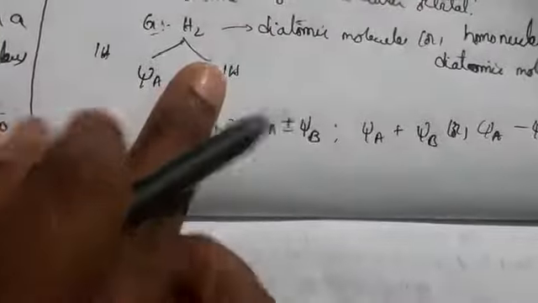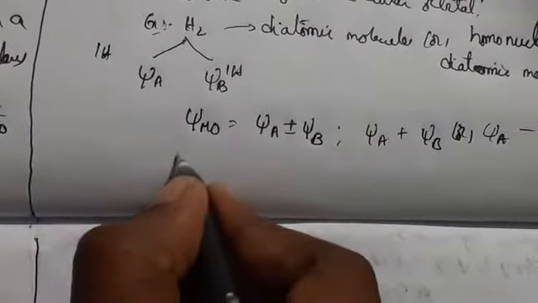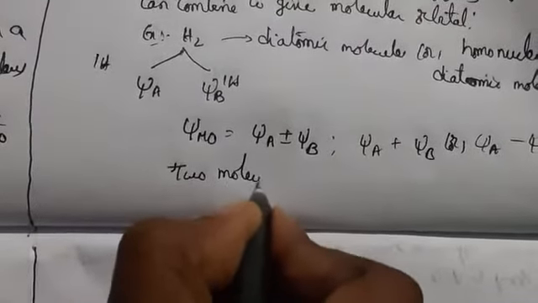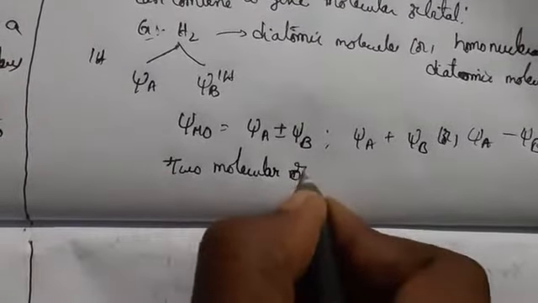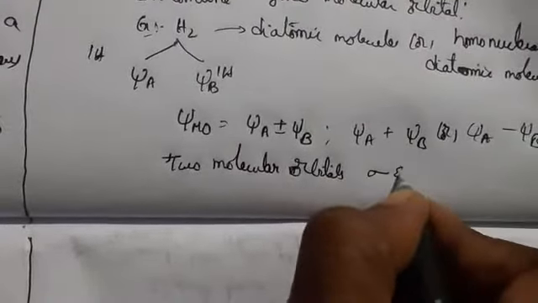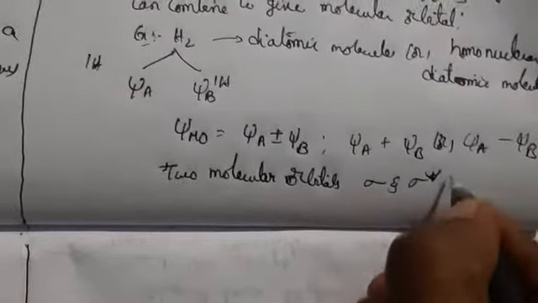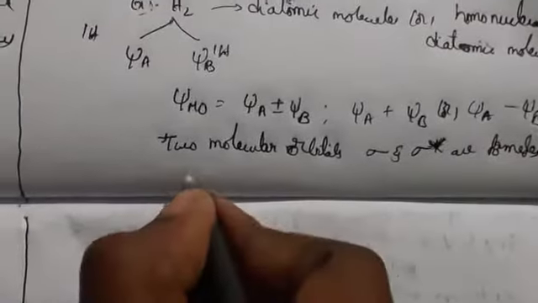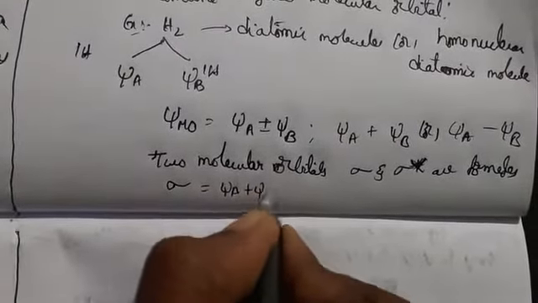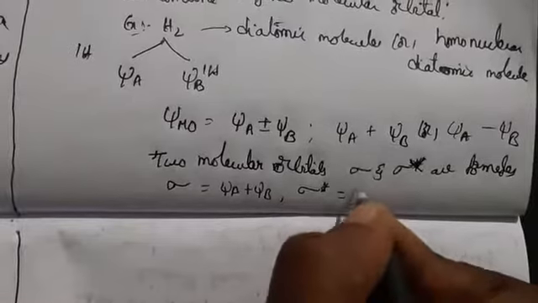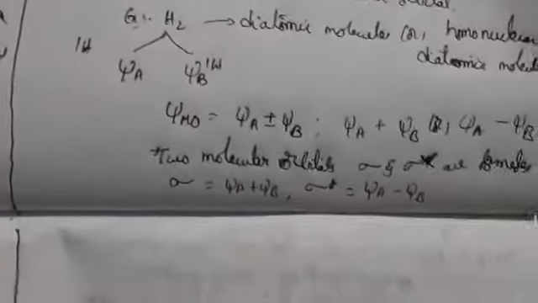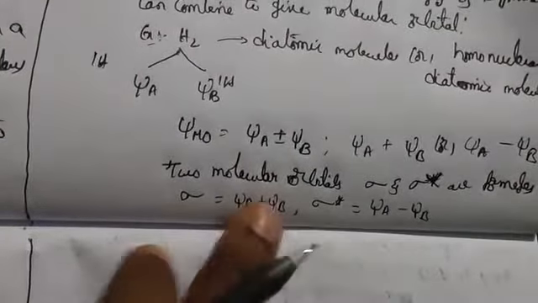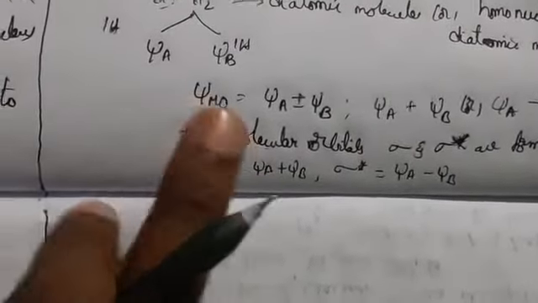Generally these two molecular orbitals, sigma and sigma star, are formed as: sigma equals Psi A plus Psi B, and sigma star equals Psi A minus Psi B. If sigma equals Psi A plus Psi B, we call it a bonding molecular orbital.